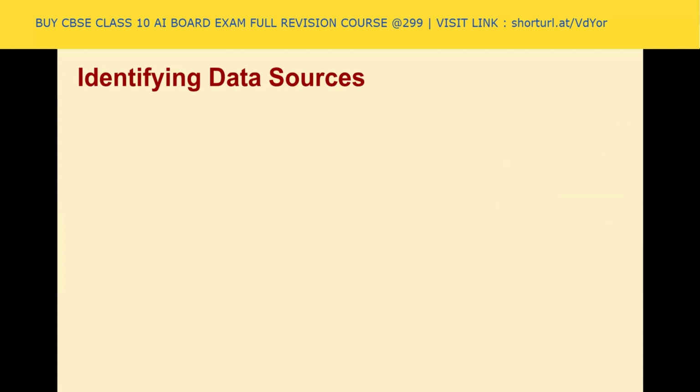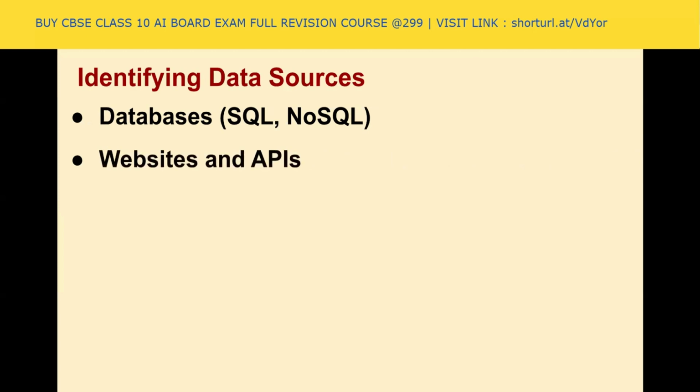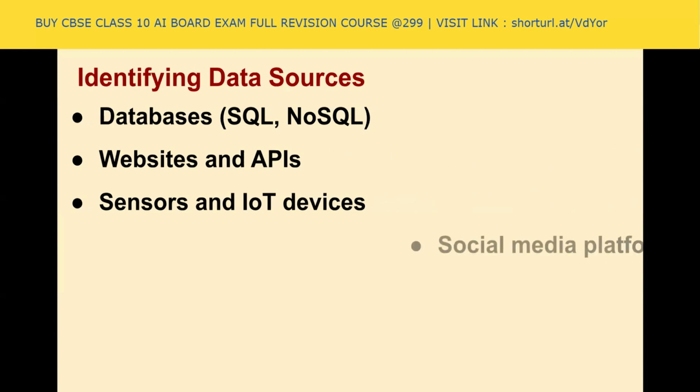Now, what are the different data sources for AI? See, databases are there. If there are pre-existing databases, those can be helpful. Then websites and APIs, from where you can also get information. Sensors and IoT devices are there. It depends on the context, like what kind of AI solution you are developing and in what context the problem is there.